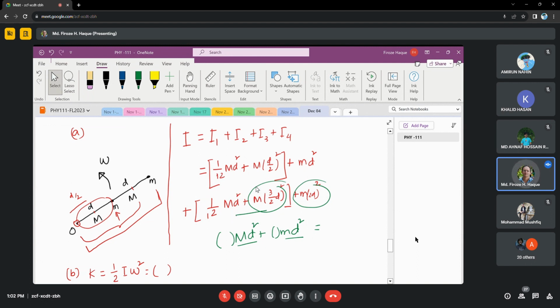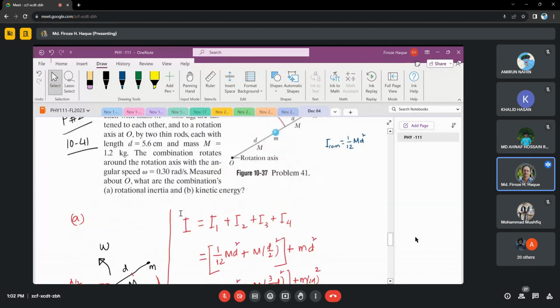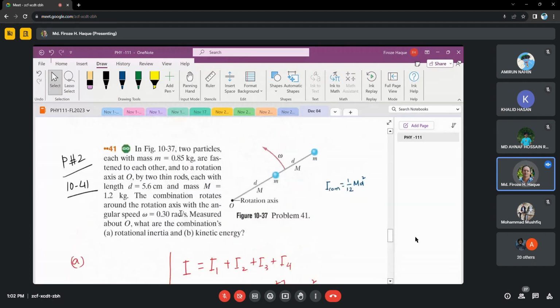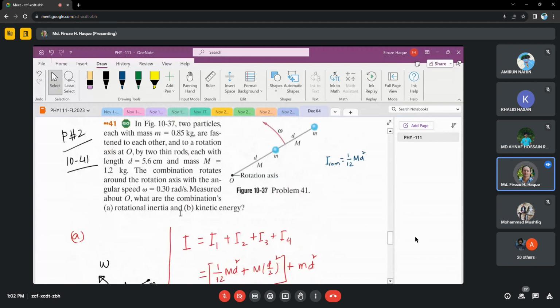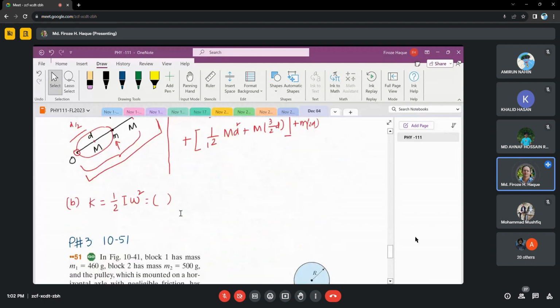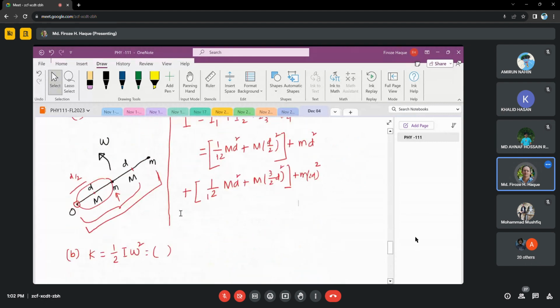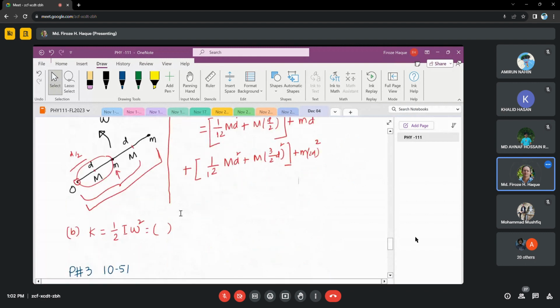It is composed of lots of other components, like we have here 4, and you might be asked to find I, right? So once you calculate I with these numbers, of course, you can find the kinetic energy. That was the second part, with just half I omega squared. Omega is given. Okay. So that's that.